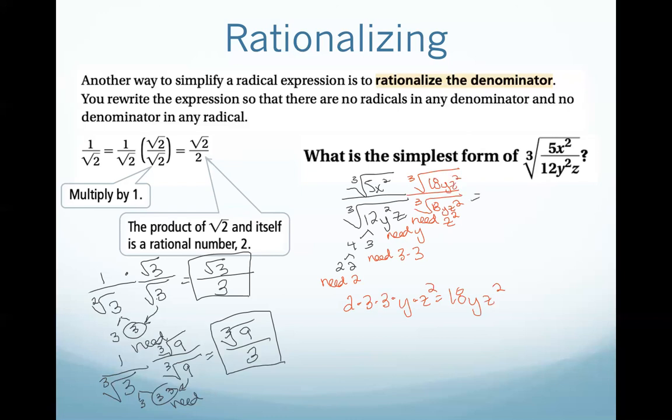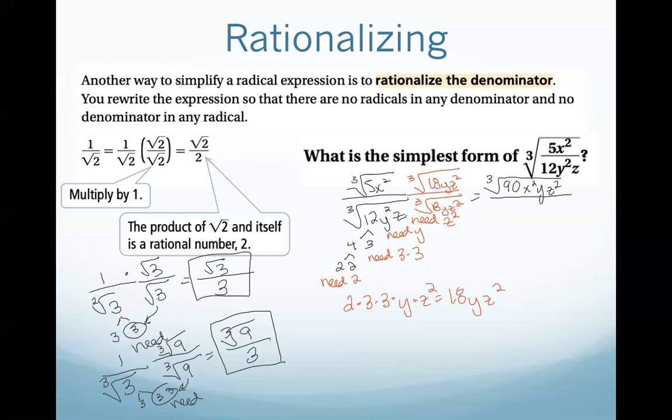So now in my numerator, I have the cube root of 5 times 18, which is 90, x squared yz squared divided by, now look at my factors. The way I have it set up, right?